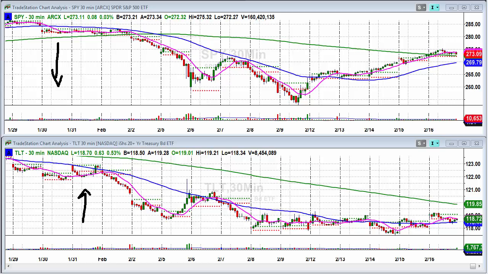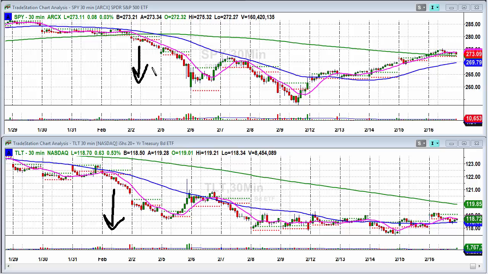Now, another situation to watch out for, and this is what happened last week with the sell-off, is that bonds sell off hard and stocks decide they don't like higher interest rates, which is what happens when bonds sell off. So stocks sell off as a reaction to it. All right, so bonds going down and stocks going down is not what you want to see.